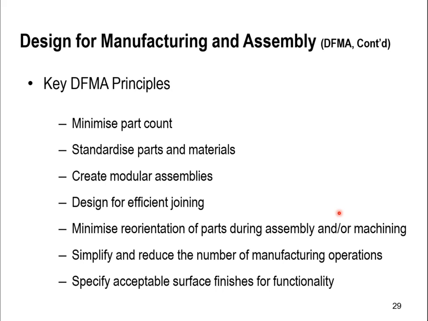Simplify and reduce the number of manufacturing operations, and finally specify the acceptable surface finishing for the functionality. Okay, so that's what we need to follow for the DFMA principles.